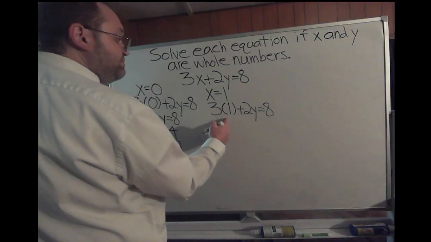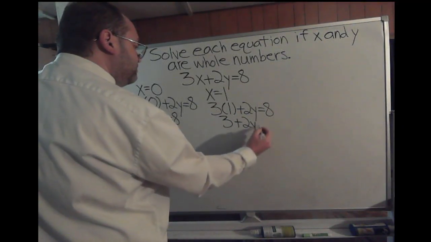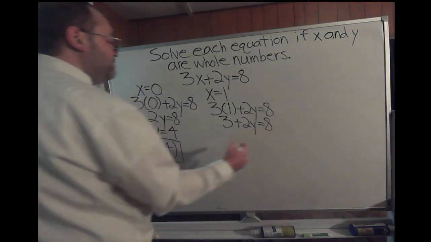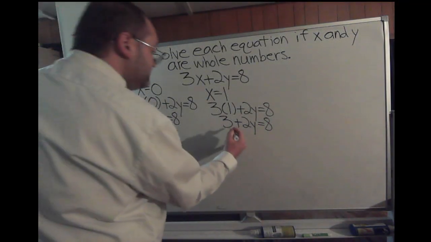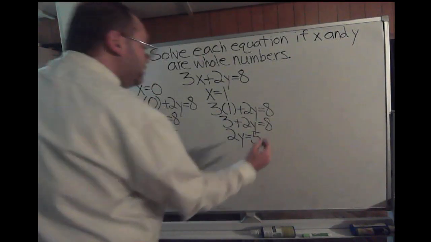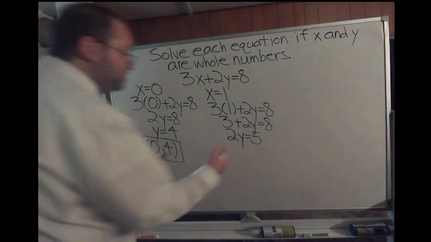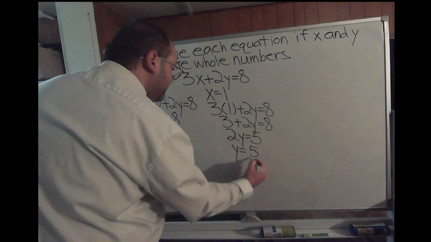Well, 3 times 1 is 3, so you have 3 plus 2y equals 8. You want to just get 2y by itself, so you subtract 3 from both sides. If you do that, you get 2y equals 5. Well, you want to just solve for y, so you divide both sides by 2. You get y equals 5 halves.